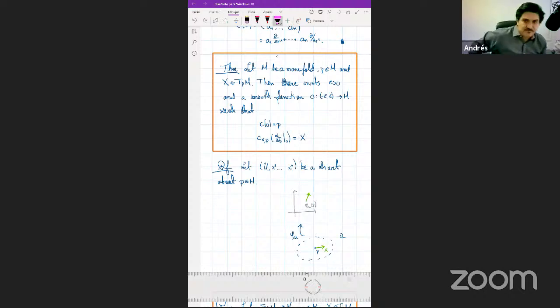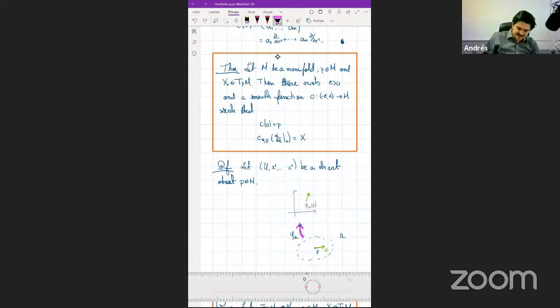Now, this function is smooth on this open set. In fact, it's a bijection, it's a diffeomorphism from this open set to some open set on Euclidean space.